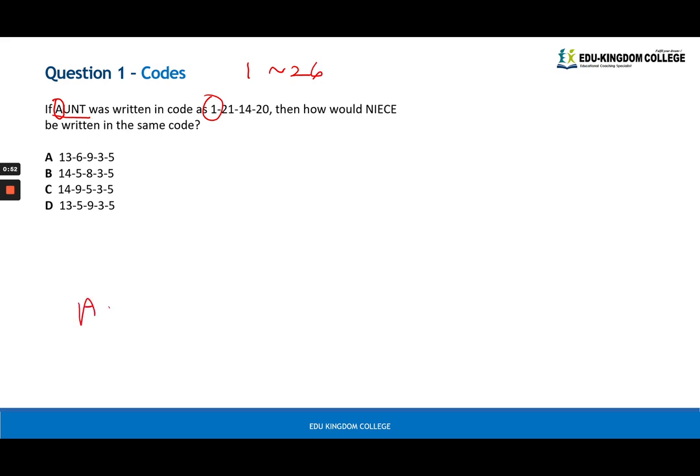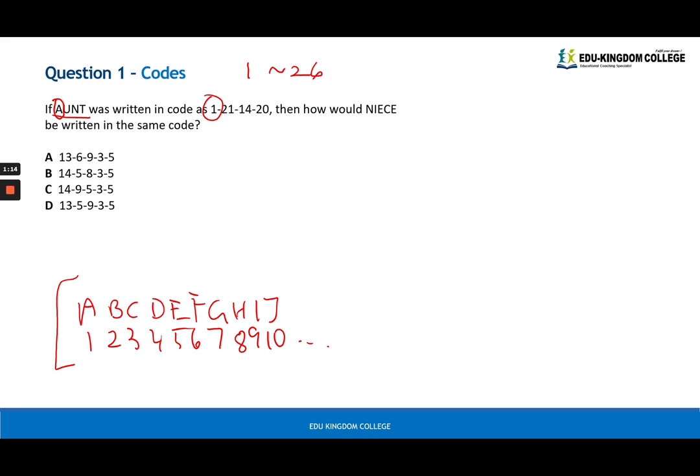So A, B, C. Let's write out a couple. Will be 1, 2, 3, 4, 5, 6, 7, 8, 9, 10. And so on. Okay, so how would niece be written in this same code? We know that using just like this bit we have, that E is 5.